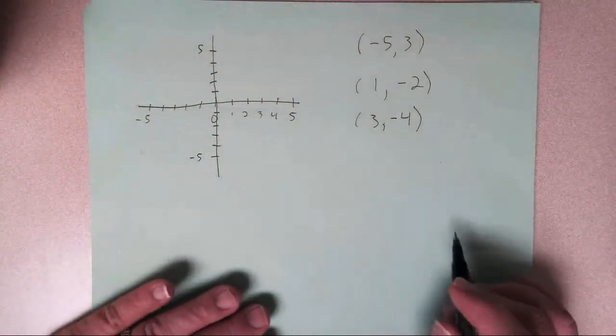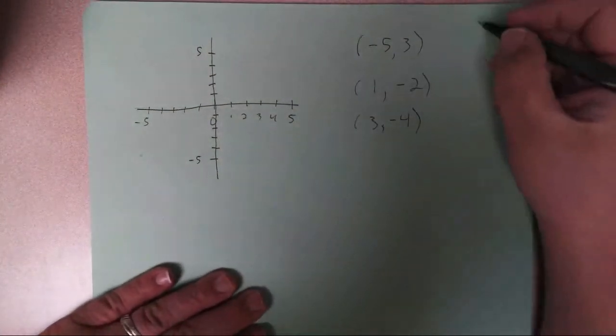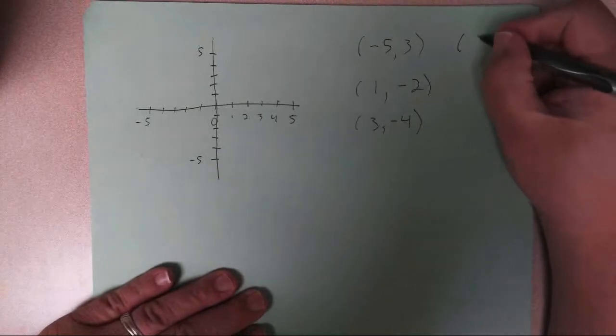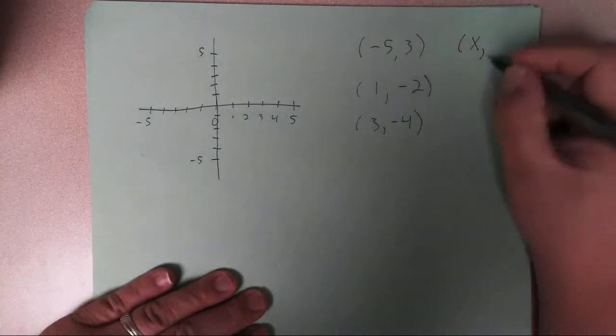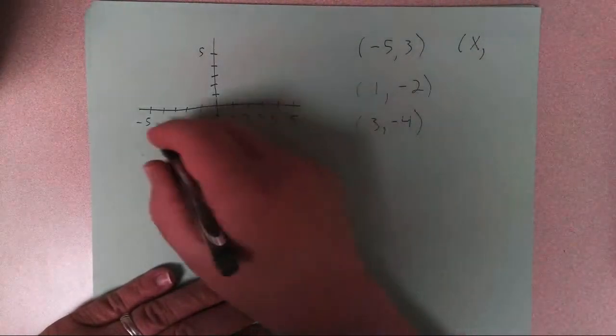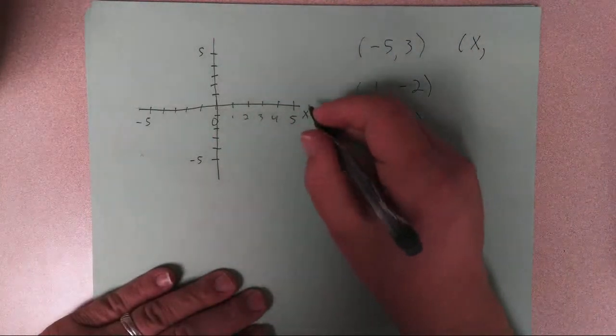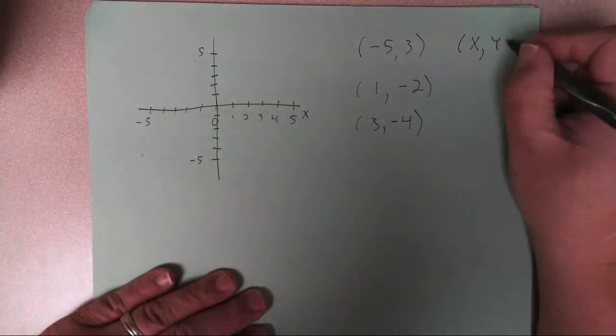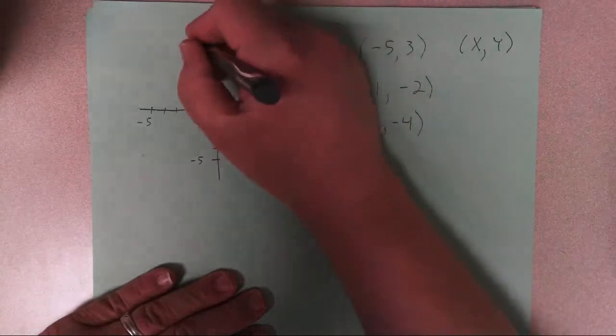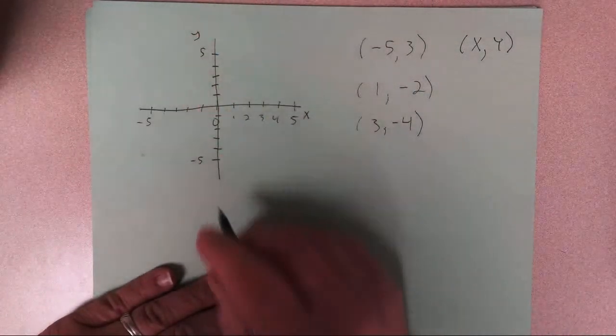And so we can take any ordered pair, and we let the first coordinate be the x, and this horizontal axis, that's the x-axis. The second coordinate is the y, and that's this vertical axis.